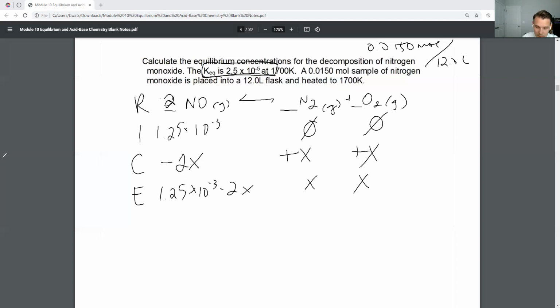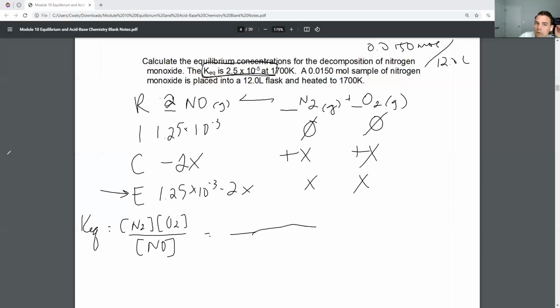So next step, write out your KEQ expression. Now I'm going to plug in my equilibrium numbers into my equilibrium expression. So it's going to be x times x on the top, and on the bottom, it's going to be 1.25 times 10 to the negative third.